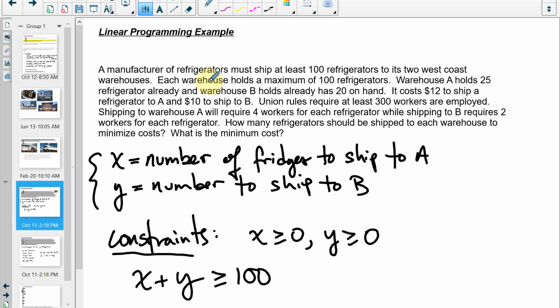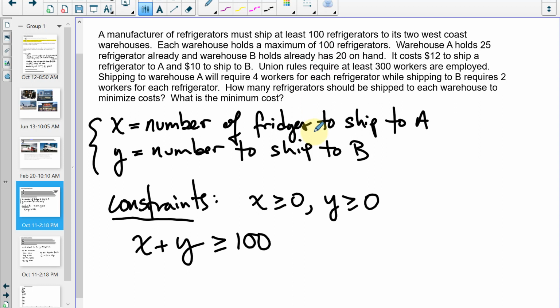It also says that each warehouse holds a maximum of 100, so the total number at A has to be at most 100, and the total number at B has to be at most 100. But hold on, we have the information that A holds 25 already and B holds 20 already, so that further constrains the number.